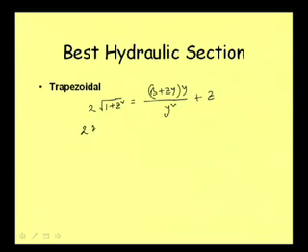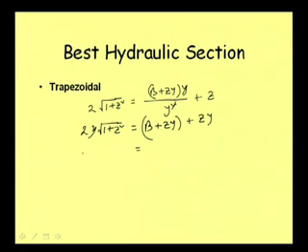Twice y root over 1 plus z square is equal to B plus z y plus z into y, or we can write this as y root over 1 plus z square is equal to half of B plus twice z y.